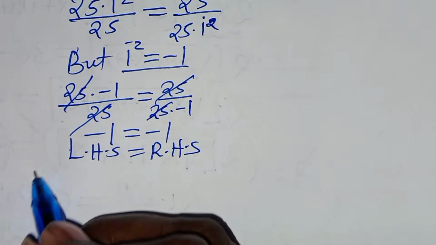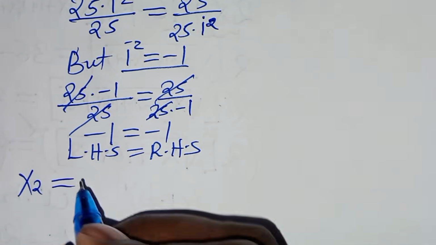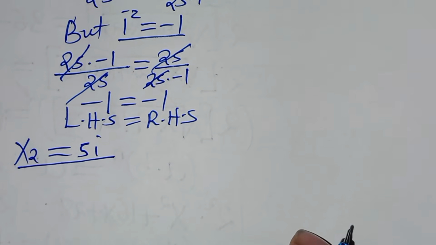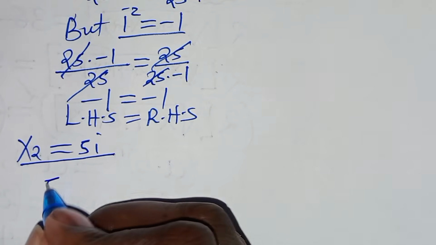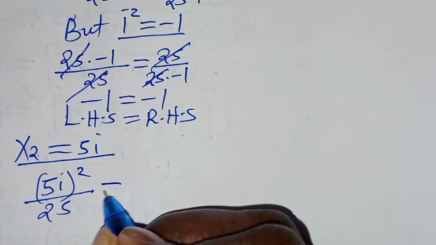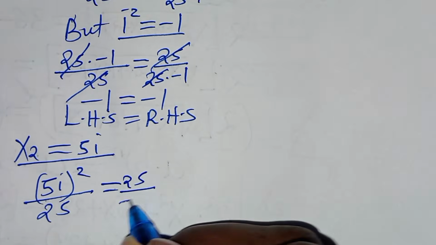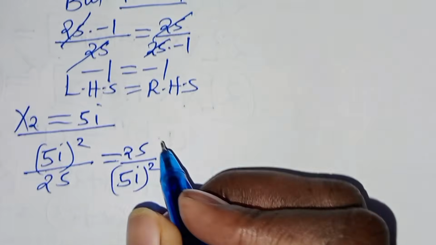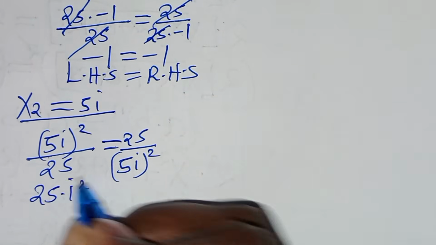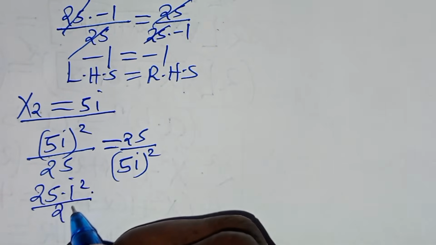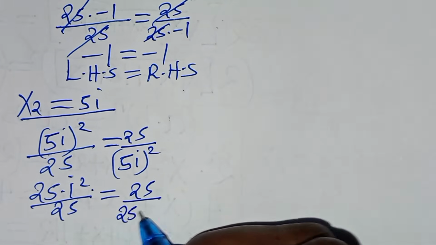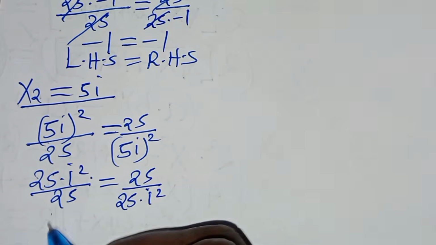Let's check x2 from here. x2 is equal to 5i. Substituting this, we have 5i squared divided by 25, equal to 25 over 5i squared. So from here we have 25 times i squared divided by 25, equal to 25 over 25 times i squared.